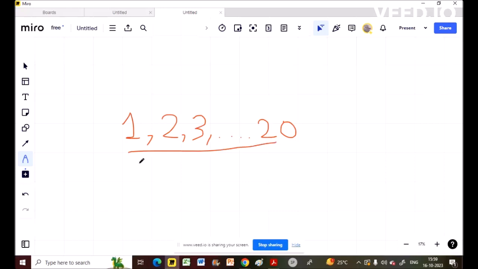What will we do here? We just add them, right? 1 plus 2 plus 3 and so on, till 19 plus 20. So, would you just sit and add all of those numbers?